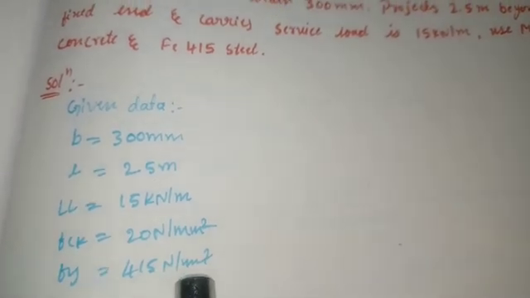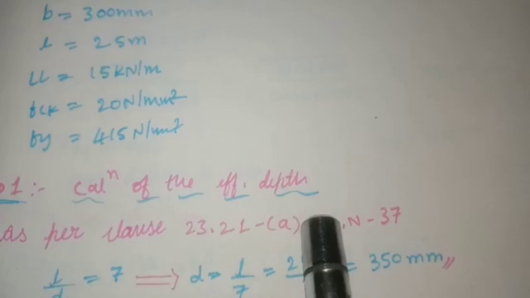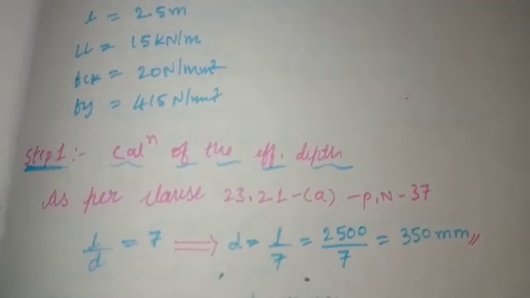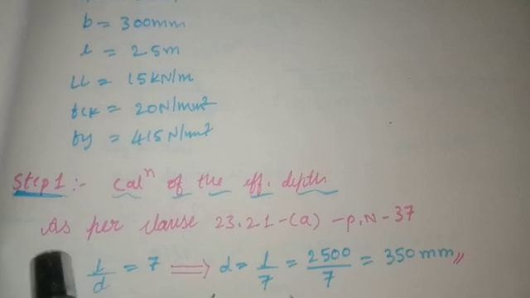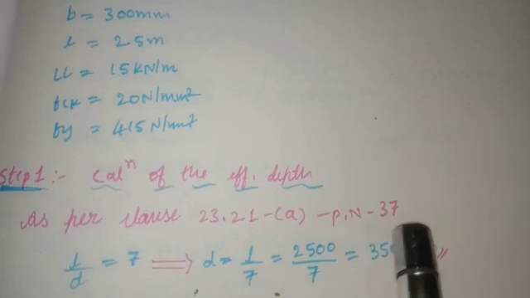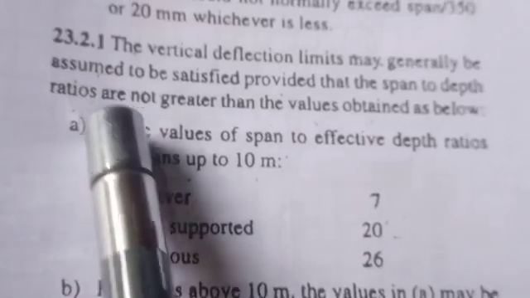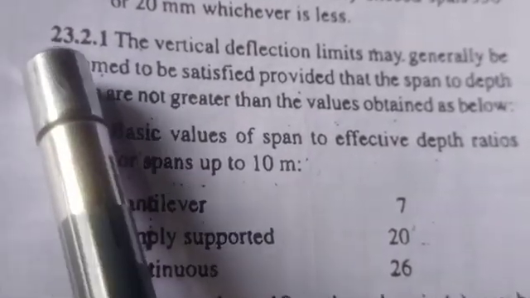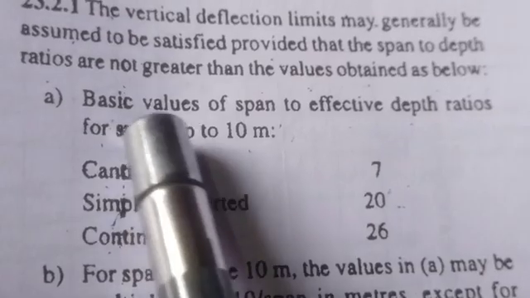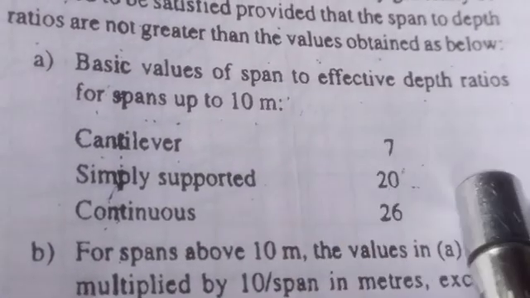So we'll see step by step. The first step is to find out the effective depth. So step 1 is calculation of the effective depth. For that, as per clause 23.2.1 a, page number 37, let's see what it says. The basic values of span to effective depth ratio for spans up to 10 meter, for a cantilever beam, is given as 7.